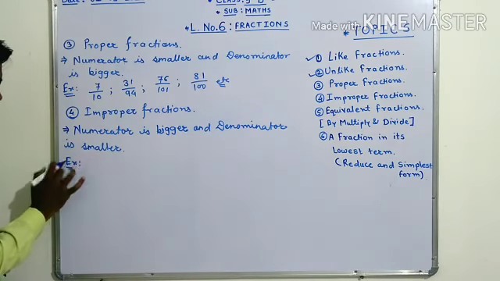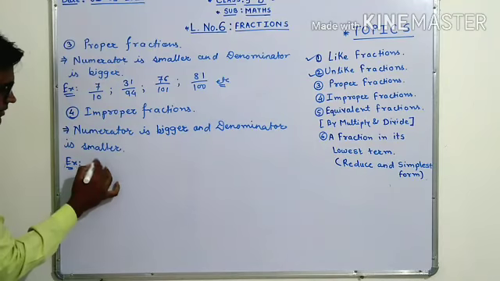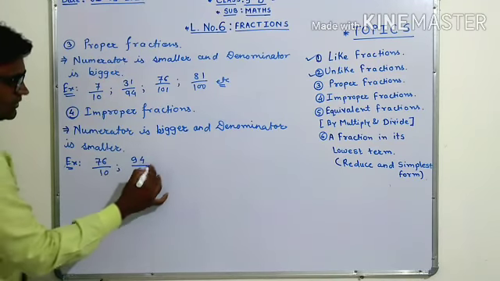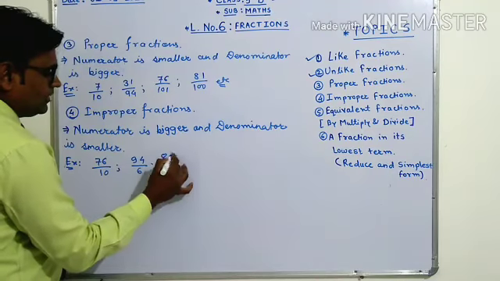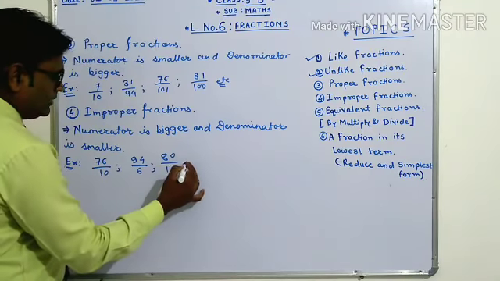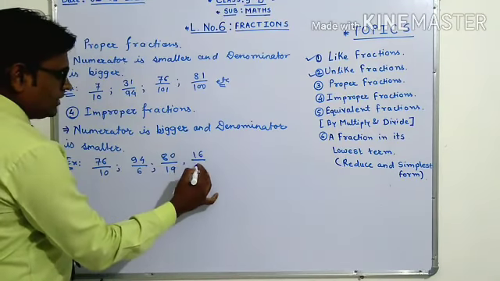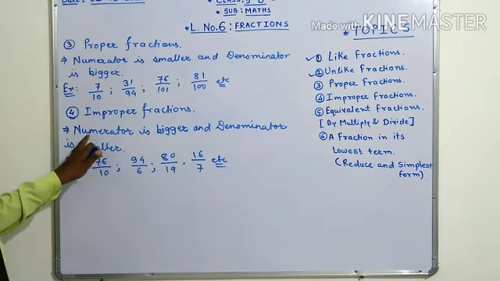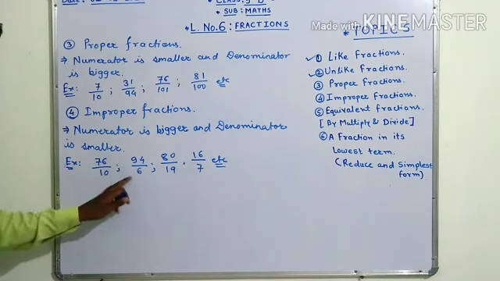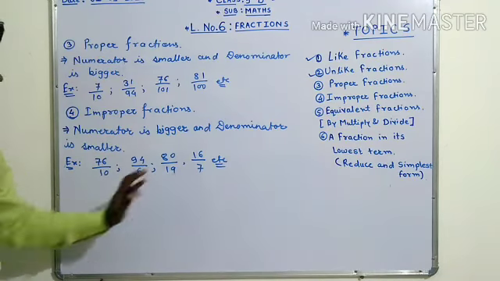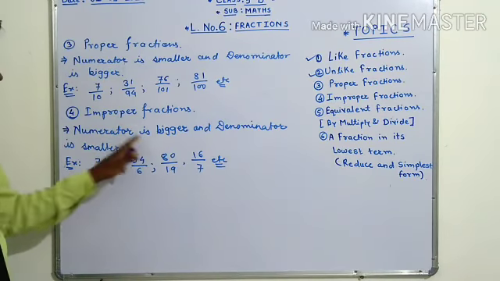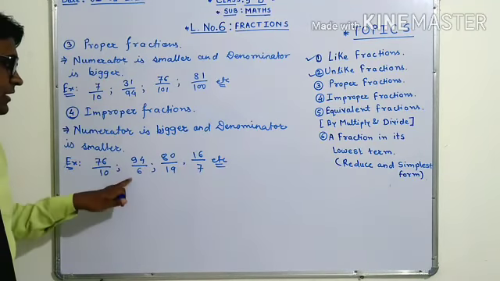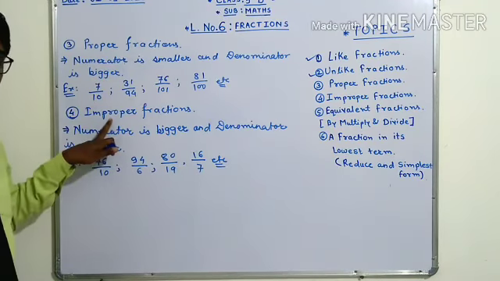Example is numerator bigger: 76/10, 94/6, 80/19 and 16/7, etc. All these are examples of improper fraction. Why these examples 76/10, 94/6, 80/19, 16/7? This type of fraction shows numerator is bigger and denominator is smaller. That's why we can say these are examples of improper fraction.